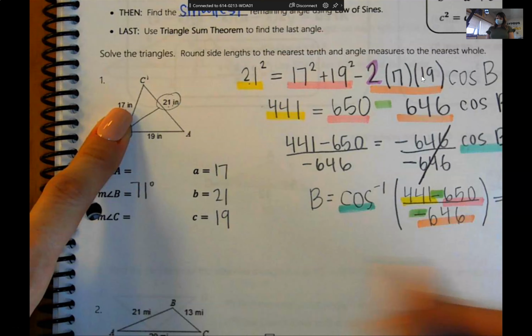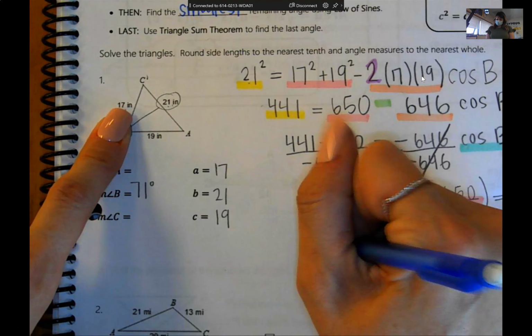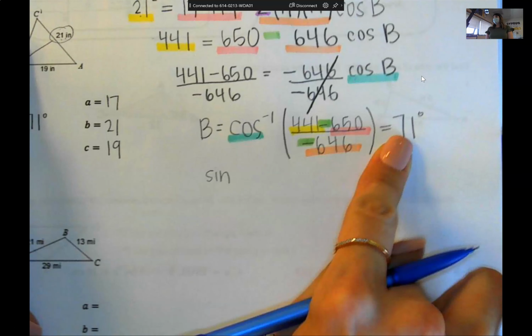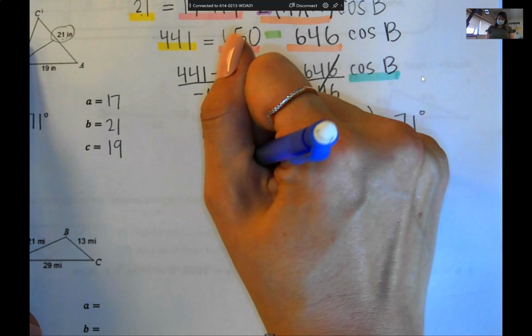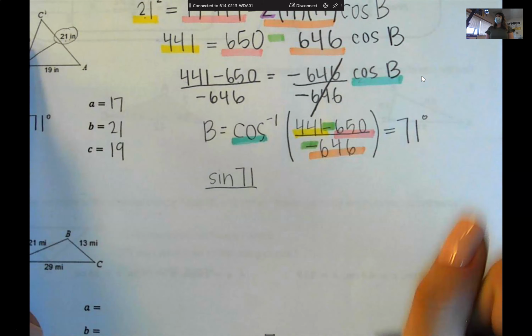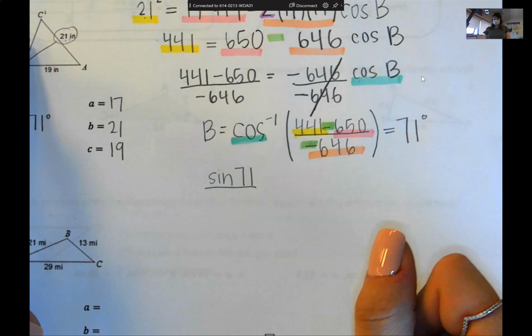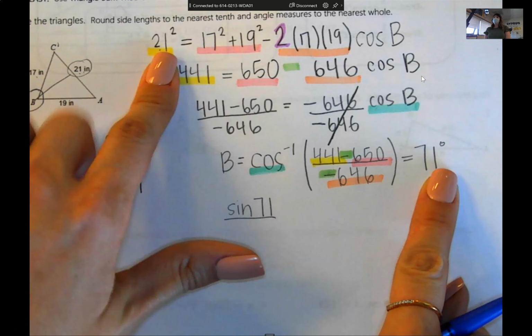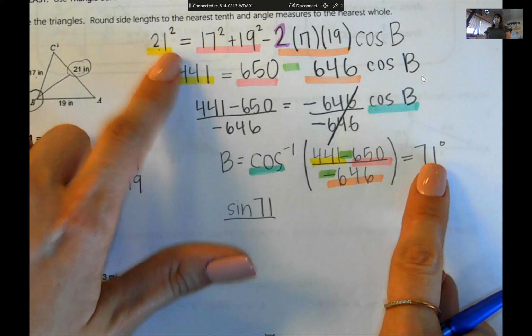So how do I solve for this? I'm going to write sine of the angle that I just found, 71, over the side length that matches it, and it's this first one that you wrote down. The first thing and the last thing match.